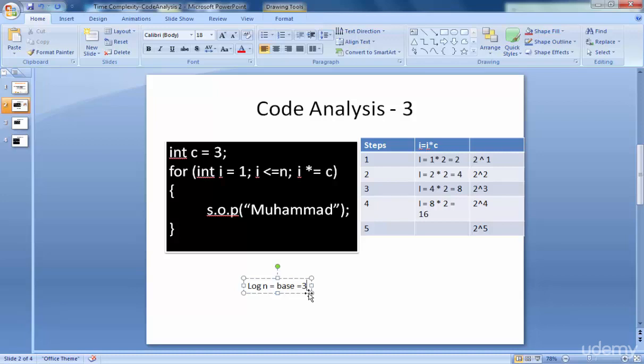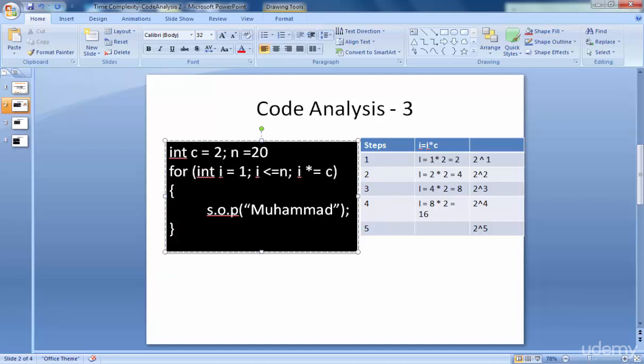When we are multiplying, we are incrementing the value in every step, and the number of steps this code will work will be log of n with the given base. Suppose the value of n is, let's say, 20, and the value of c is 2.